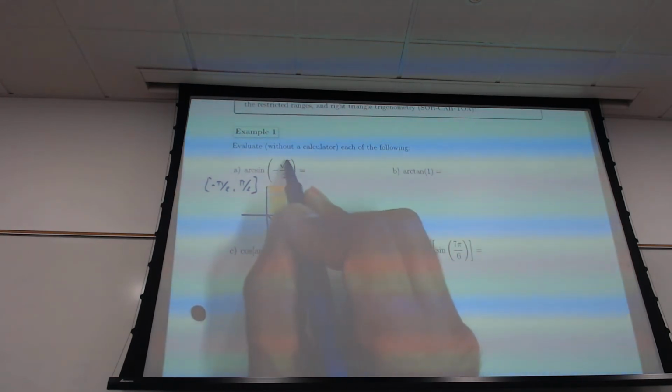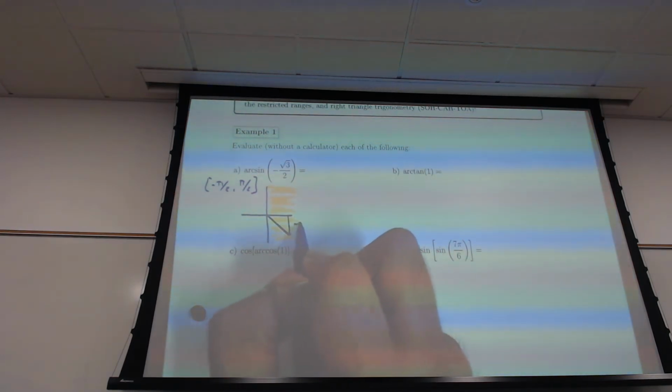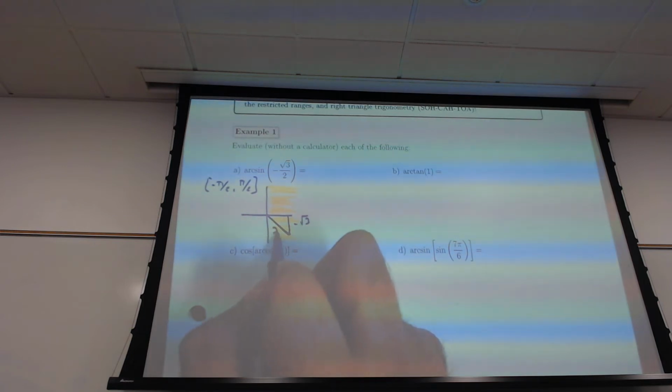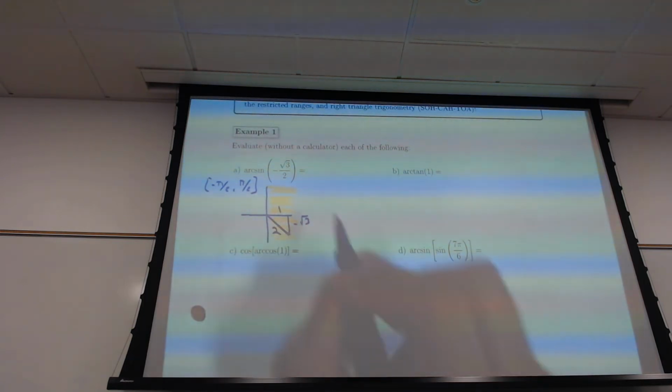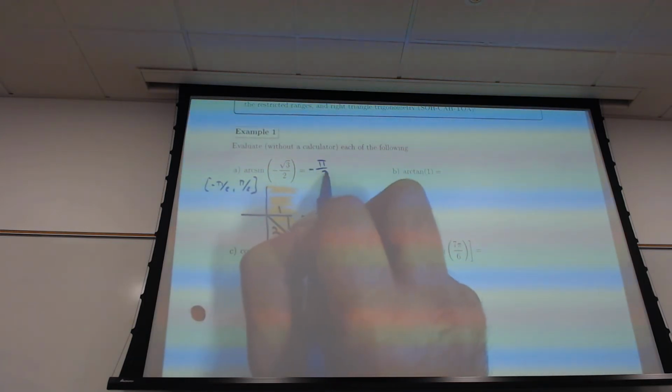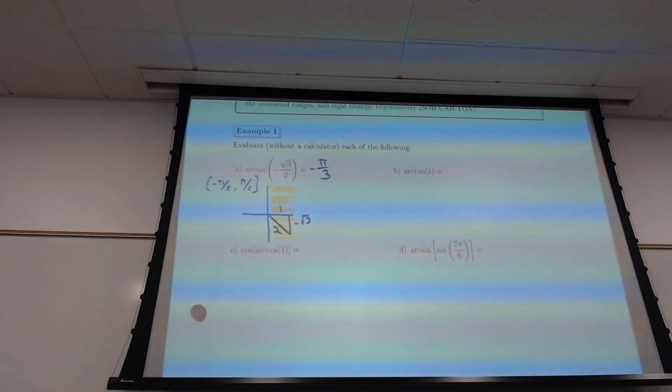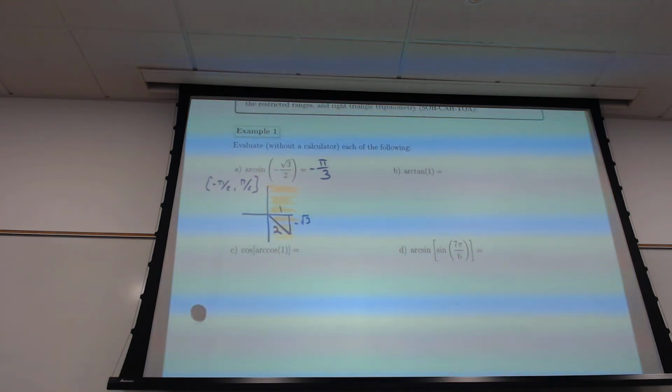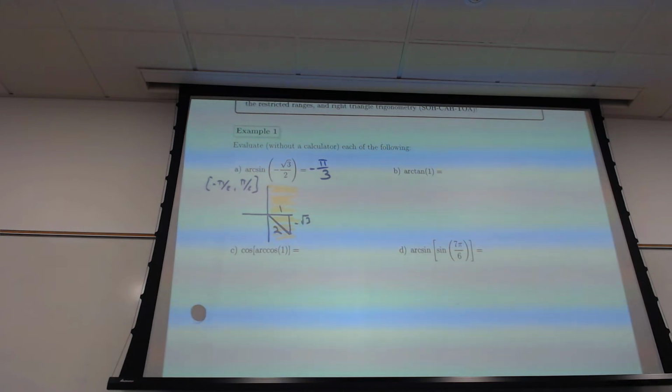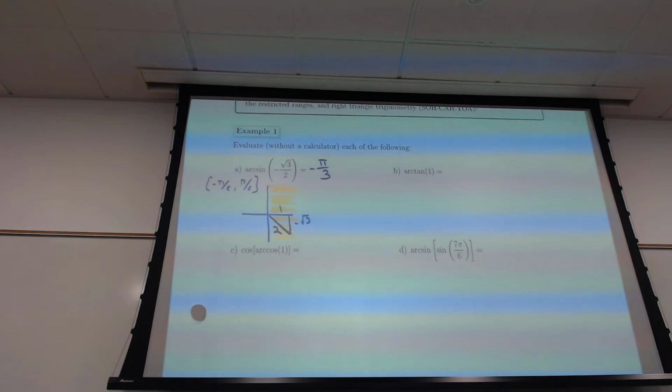And I'm going to say sine, which is opposite, negative root 3, where the hypotenuse is 1, and I believe this should be negative pi over 3, right? Of course, if you memorize the unit circle, in some cases it's easier to look at the unit circle and just look at negative root 3 over 2. Where is it? That's the y coordinate in the unit circle. Just look for the angle.